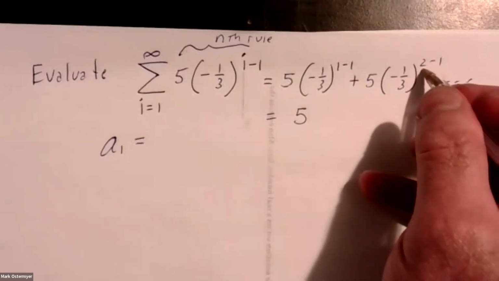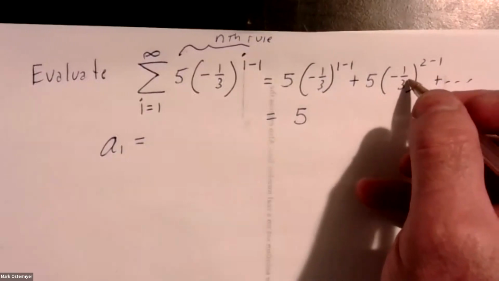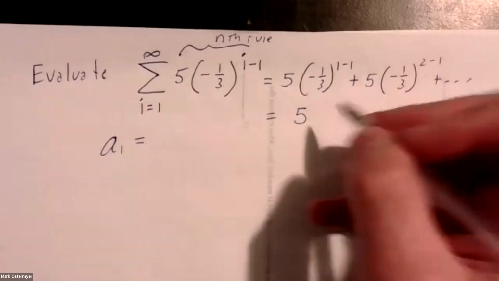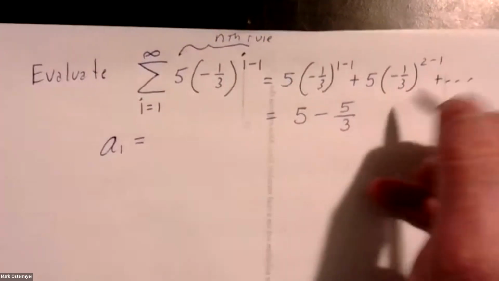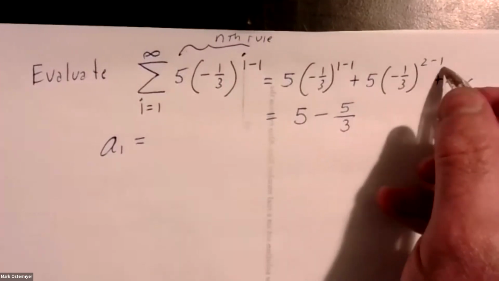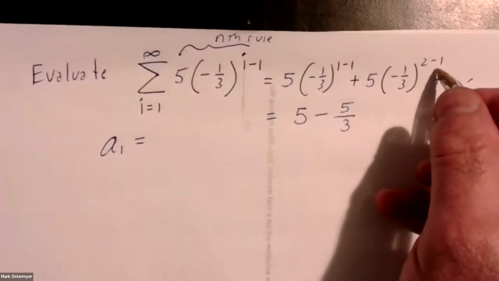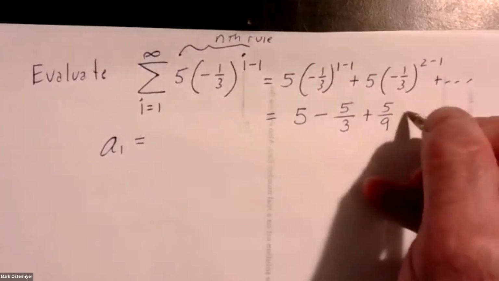Negative 1/3 raised to the 2 minus 1 power is negative 1/3 to the first power, which is negative 1/3, times 5, which would be negative 5/3. Then if I is 3, your third term would be negative 1/3 to the 3 minus 1 power, negative 1/3 squared, which would be positive 1/9 times 5, or 5/9.